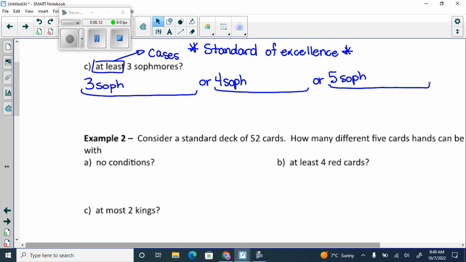So then I need to supplement them, right? So I have 3 sophomores and what? 2 seniors. Or 4 sophomores and 1 senior. Do I need to supplement this with anything? No, I have a 5-person committee. Now, how many seniors were there again? 6. And how many sophomores? 5.